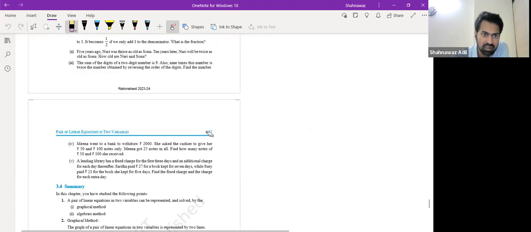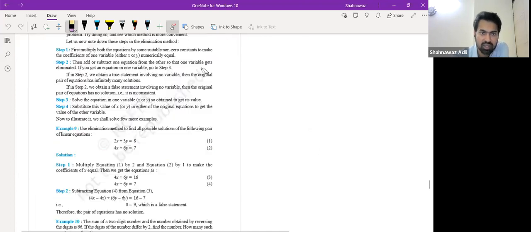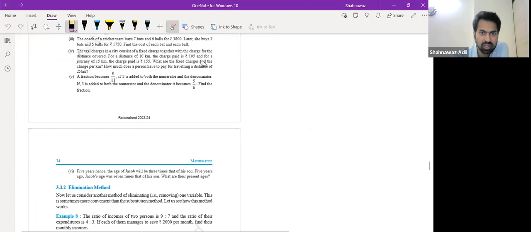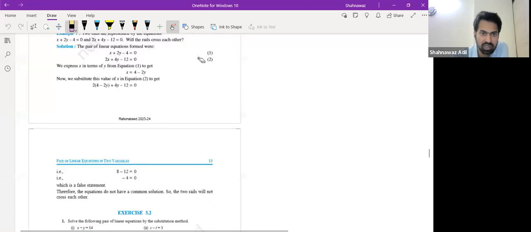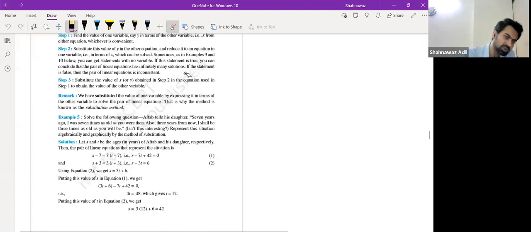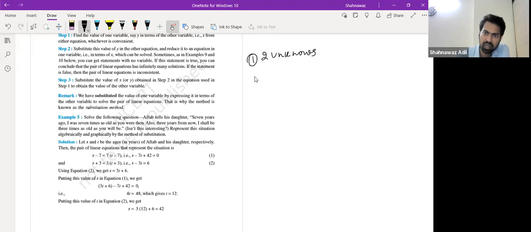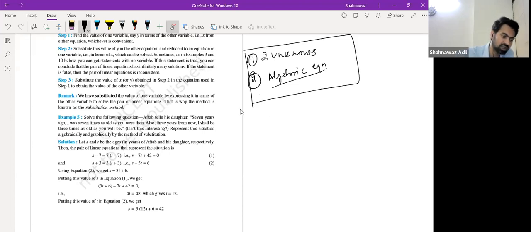What I will do, Tejasvi, is talk about these two methods beforehand, because the question would be the same. In this whole chapter, we have to find two unknowns and then find the algebraic equation. This is the whole idea of this third chapter.